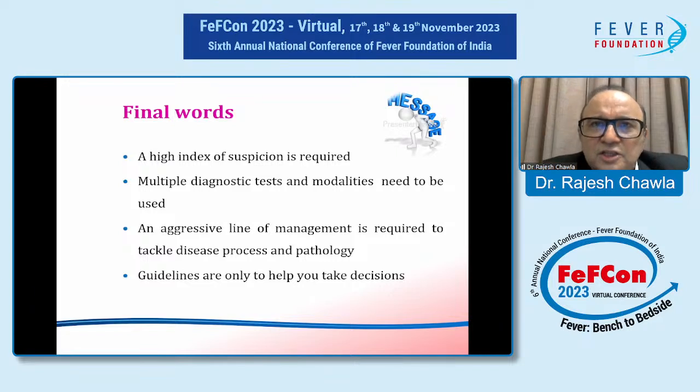A high index of suspicion, good history and examination, and then choose the test which would be most appropriate for that patient. And of course, you have to use multiple diagnostic tests and modalities, and an aggressive line of management is required in these patients. And guidelines are only to help you to take decisions, but you have to see, for that particular patient, what would be the most appropriate. Thank you very much.